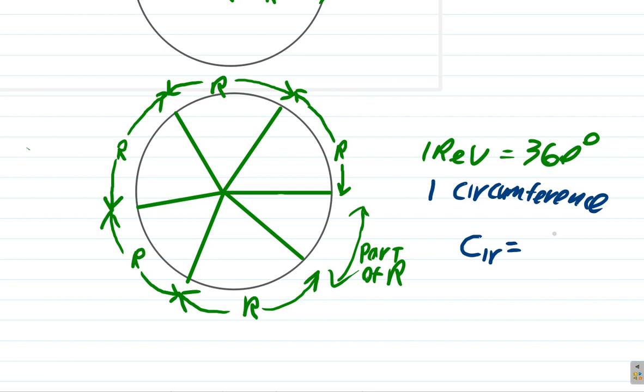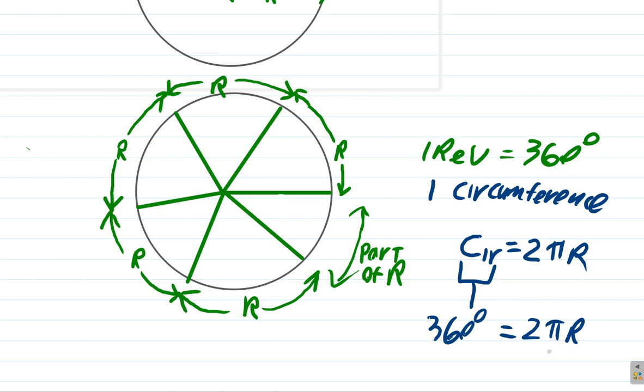Do you remember how you calculate the circumference when you know the radius? Circumference is 2 pi r. It's 2 pi r. Alright? Now, let's look at this. This circumference contains 360 degrees. So 360 degrees is equal to 2 pi r.